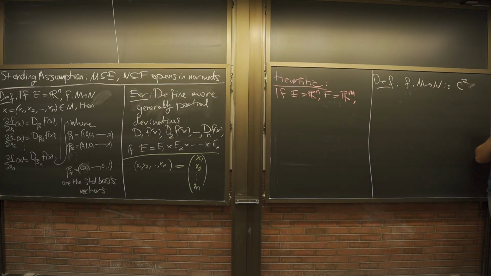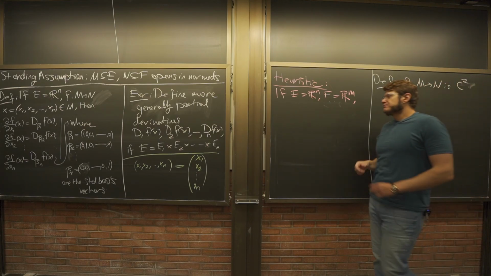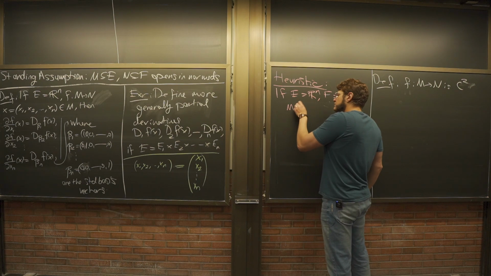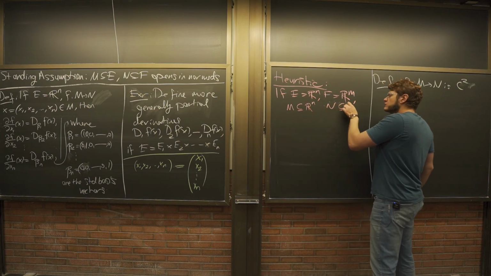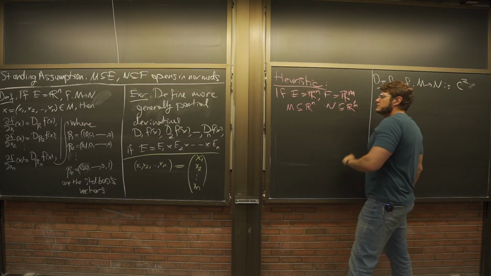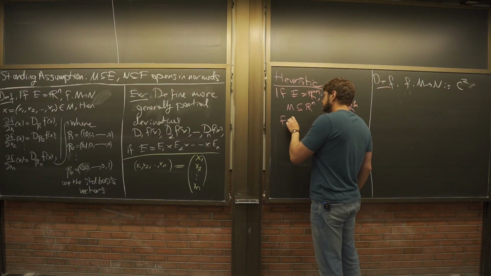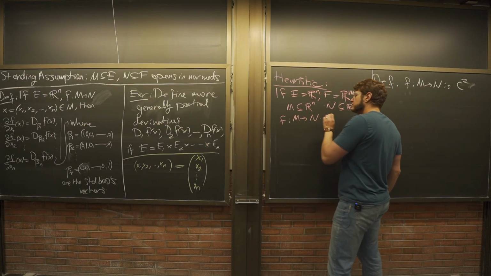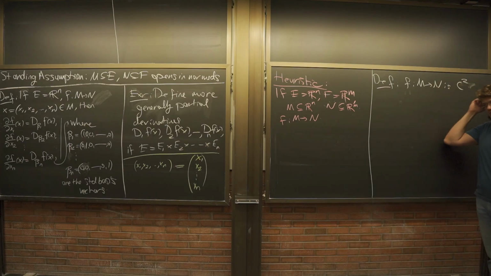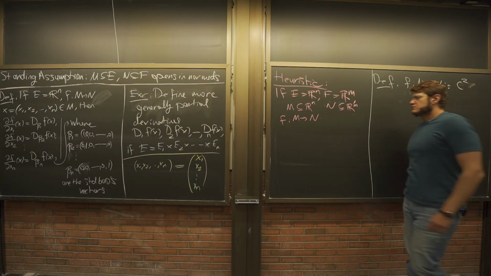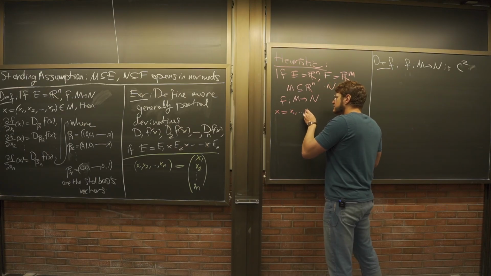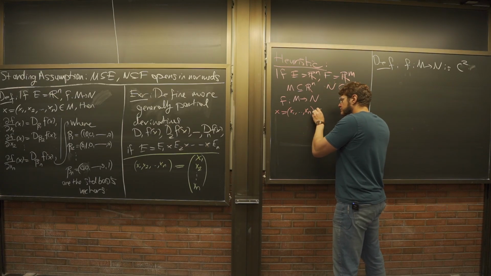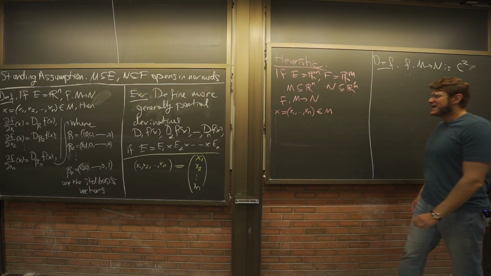If E is Rn and F is Rm, okay, so I have these, and F is a function from n to m. So an x, a point in Rn, is going to be an n tuple.